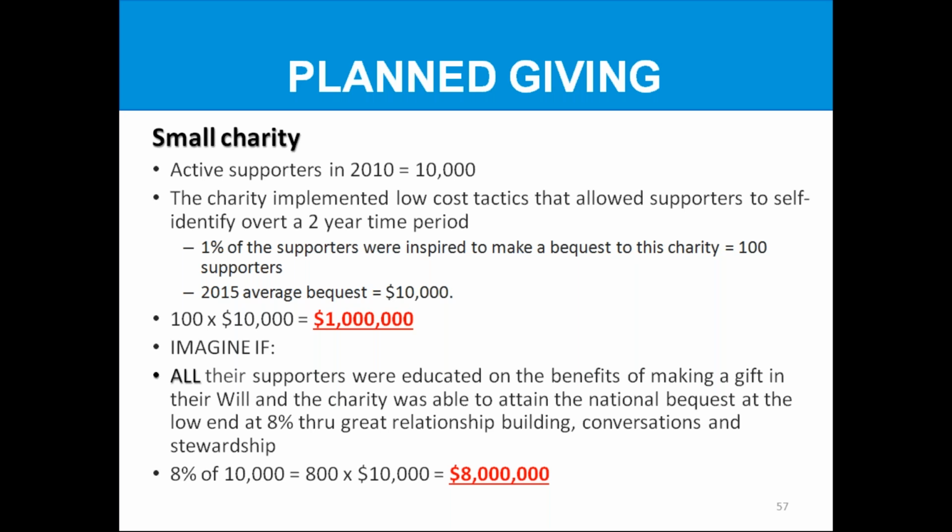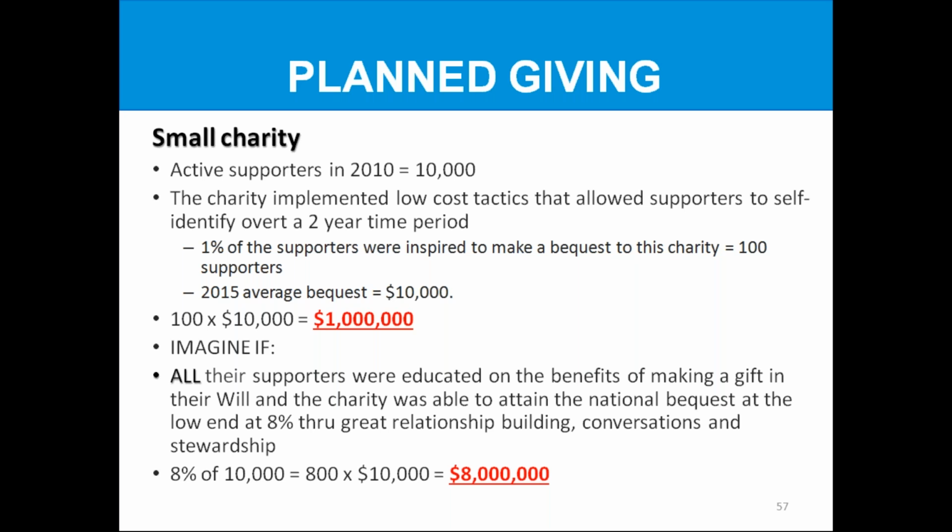And one of the things before I go into Q&A, this is a small charity that I worked with in 2010, and you can use this as a case study if you don't have a charity in your local area to use. They had active supporters of only 10,000.